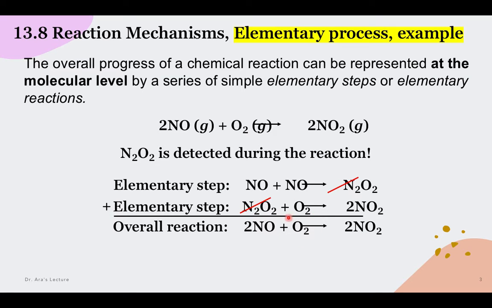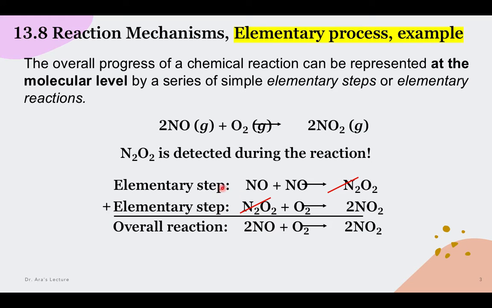Now if we look into the overall reaction, this N2O2 is the intermediate. It is not a reactant, and it is not the product. When we cancel out this intermediate, we find the overall reaction: 2 moles of nitric oxide plus 1 mole of oxygen produce 2 moles of nitrogen peroxide.